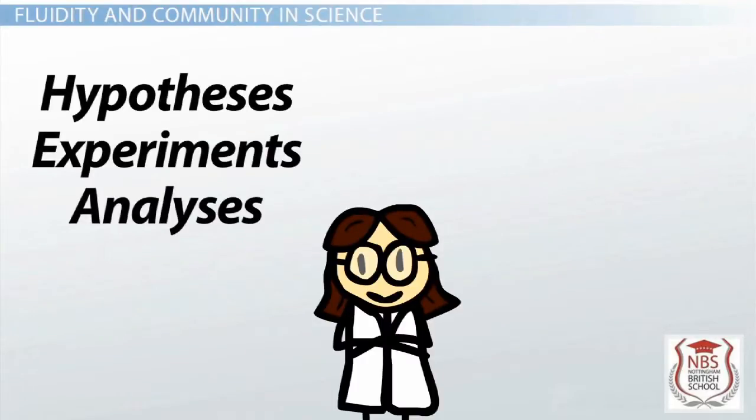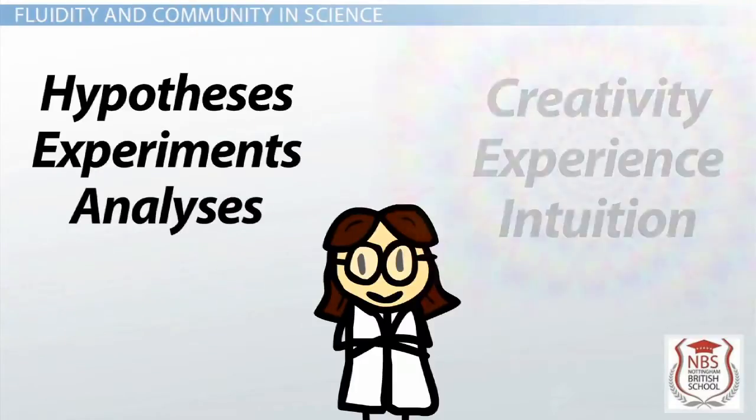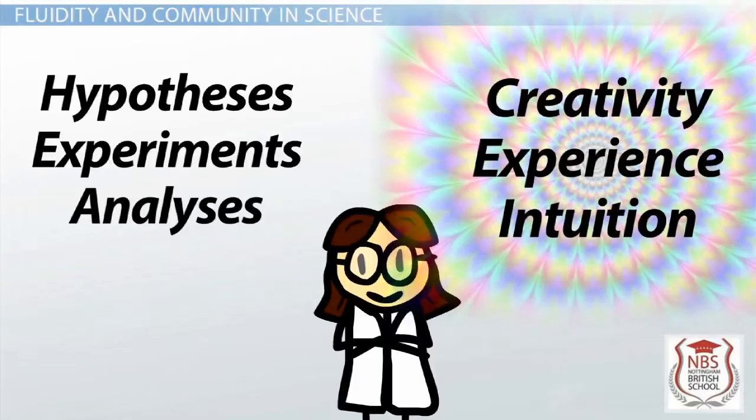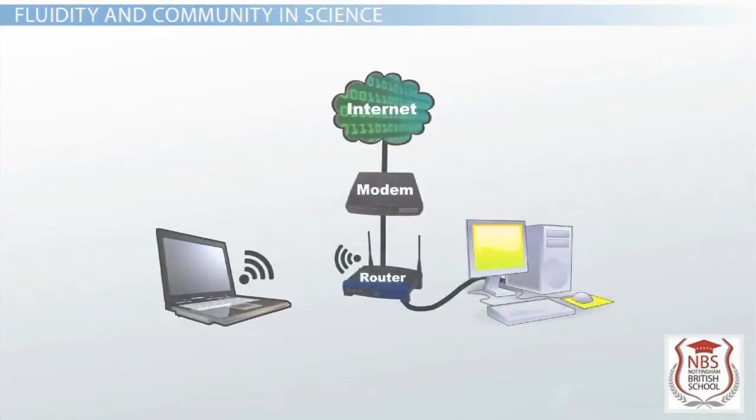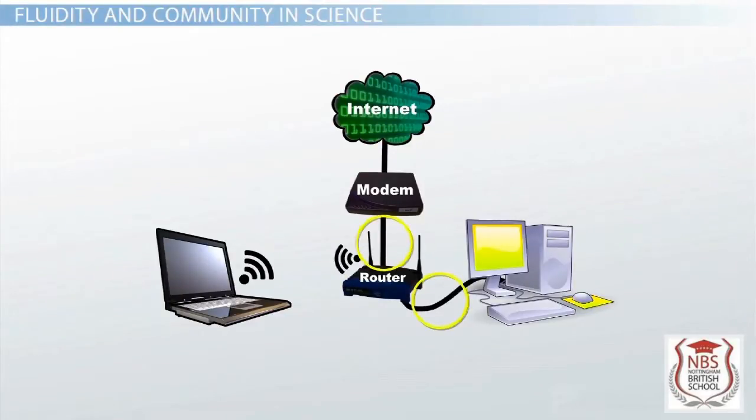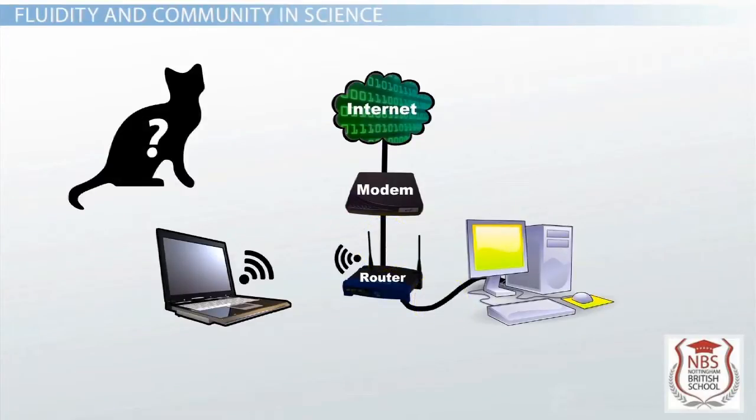In addition to hypotheses, experiments, and analysis, science requires more subjective processes like creativity, experience, and intuition. In my problem with the internet, I needed to reference back to my basic knowledge of computerized technology. I knew from experience that unplugged cords were the most likely cause of the problem, but I also brainstormed for a minute or two about other possible causes.